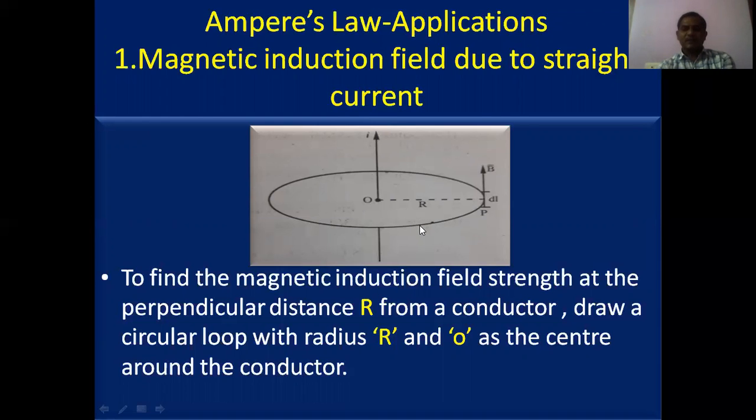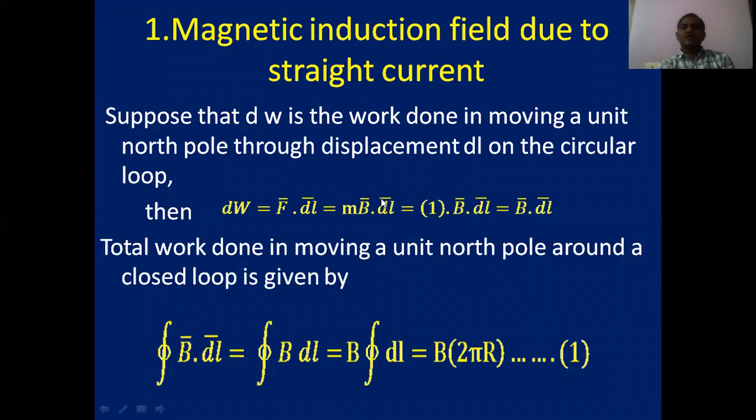Then if dW is the work done in moving a unit north pole through displacement dl on the circular loop, then we write according to work done, W equal to F bar dot ds bar, displacement. For the small displacement dl bar, the work done dW equal F bar dot dl bar. But we have F bar equal to M into B bar.